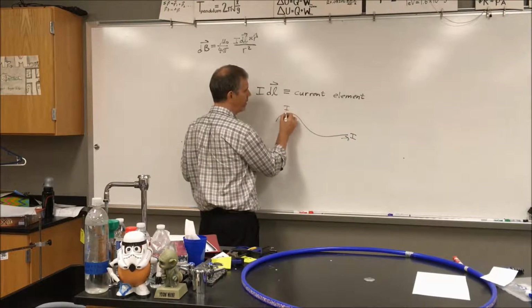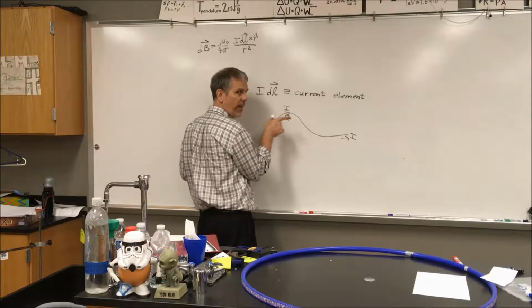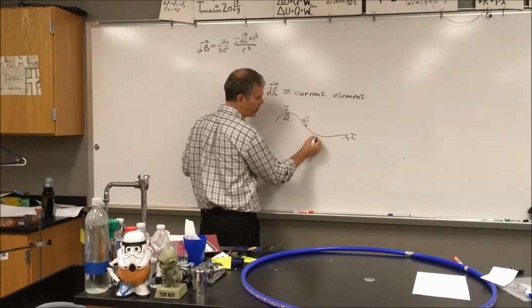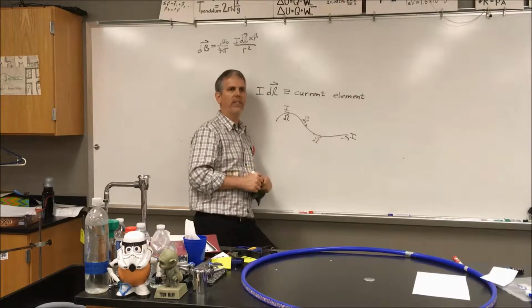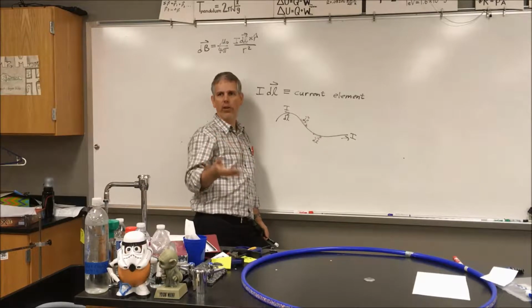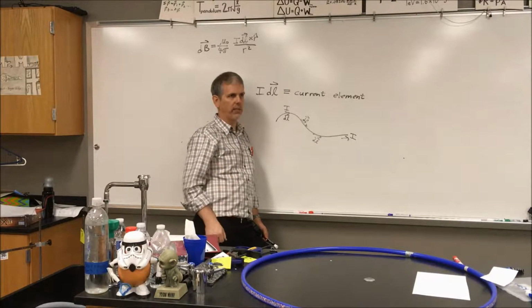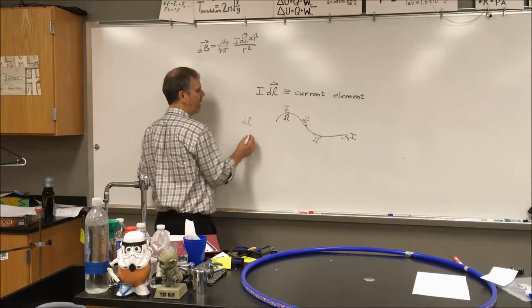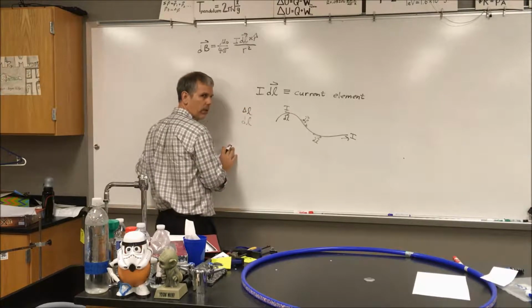So here's I going this direction. We would call this little point on the wire, dl points that way. Right now, dl points that direction. dl points that direction. dl points in the direction of the flow of the current along the wire. That's all it says. And as we should already remember, that dl is an infinitesimally small delta L.